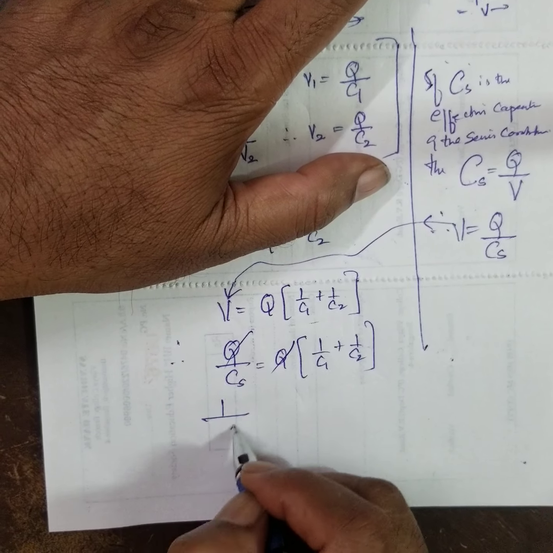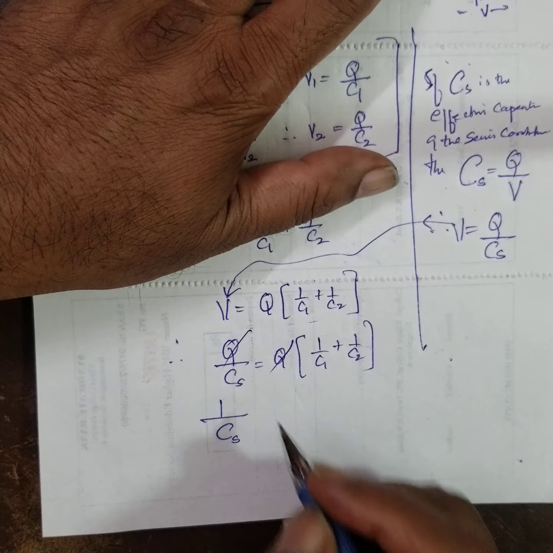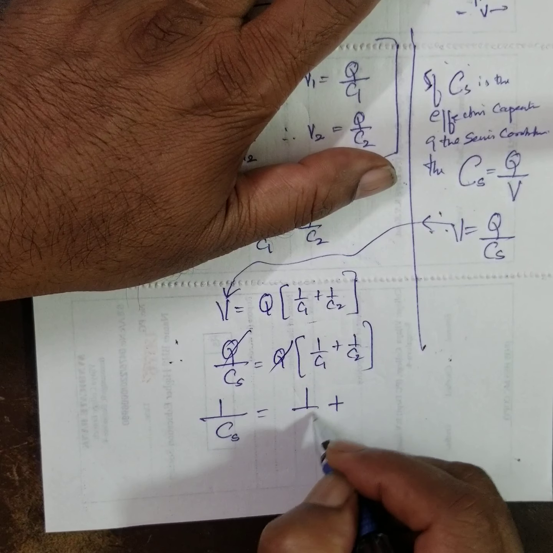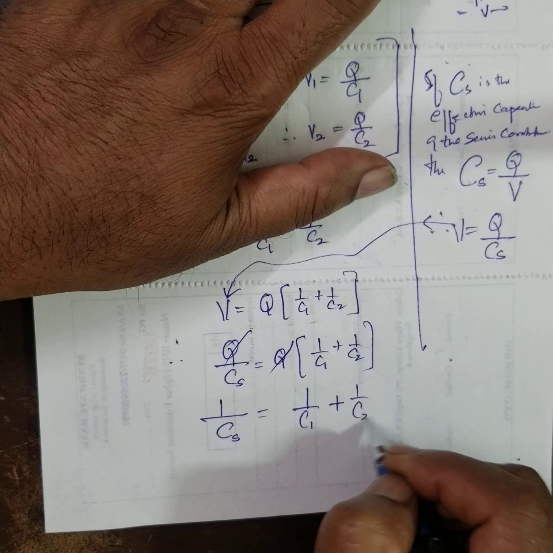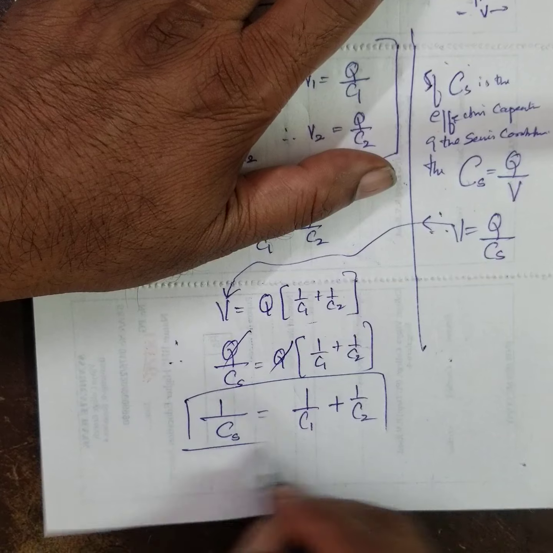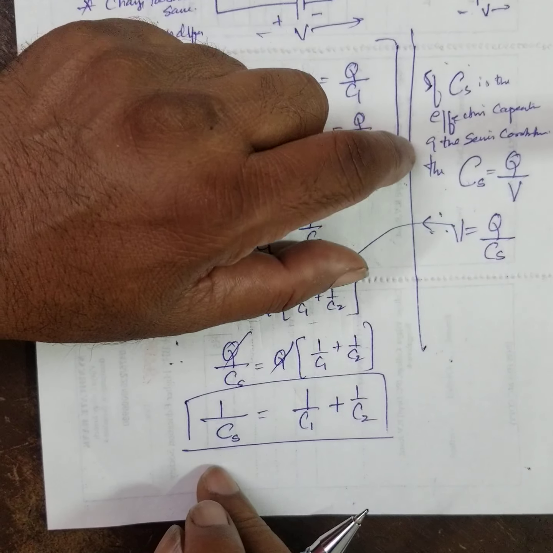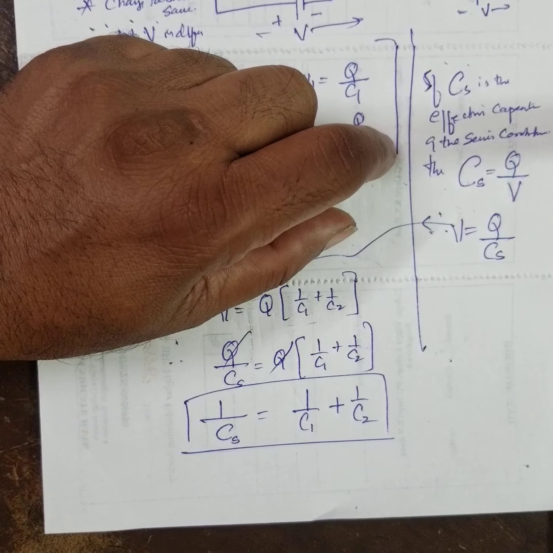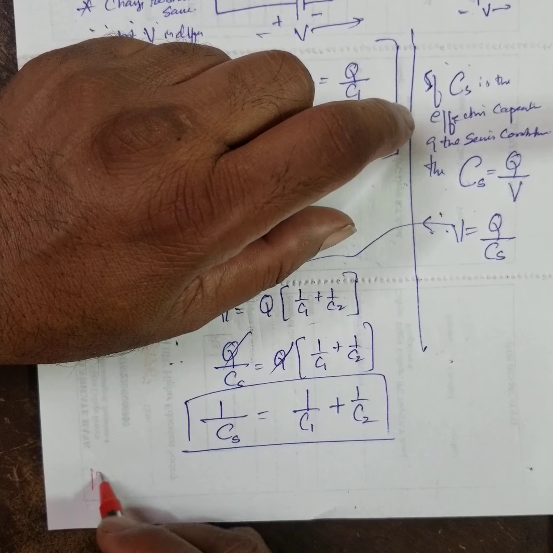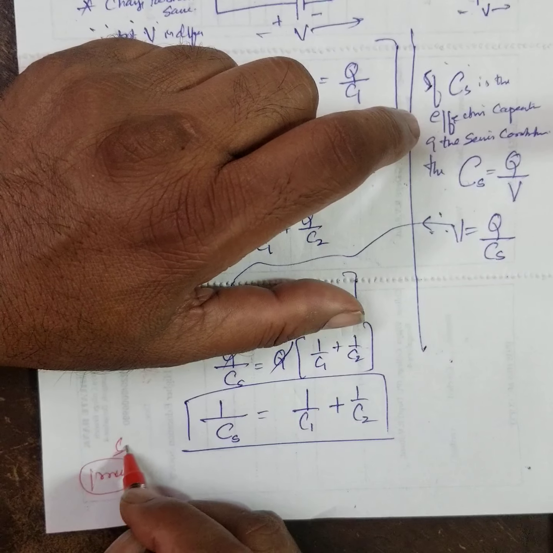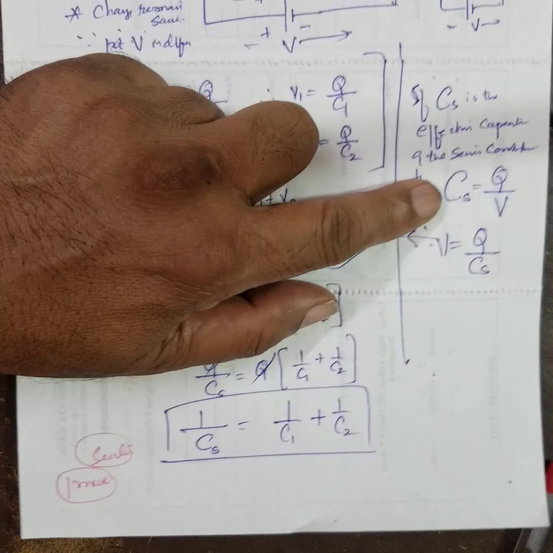Cancel Q. The reciprocal of effective capacitance in series is equal to the sum of the reciprocals of the individual capacitances in series. You have to write it in a sentence. This is for 1 mark. What is the sentence you write?